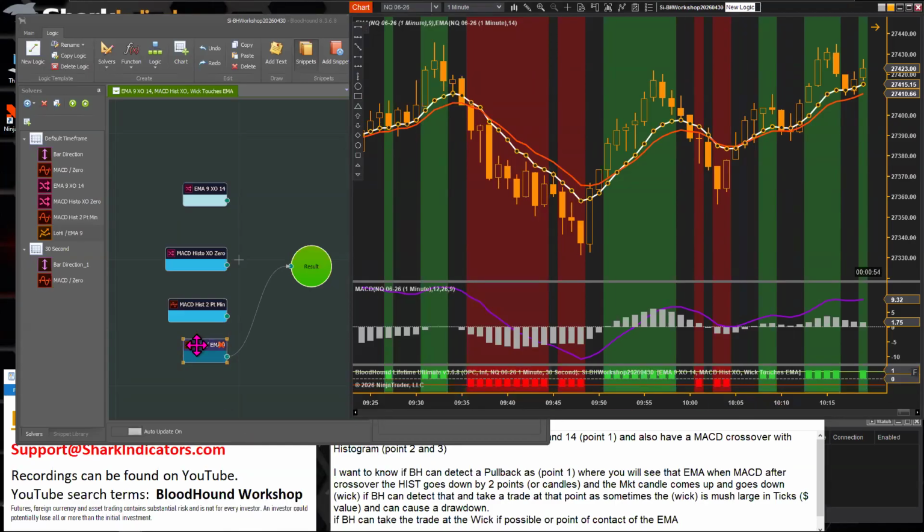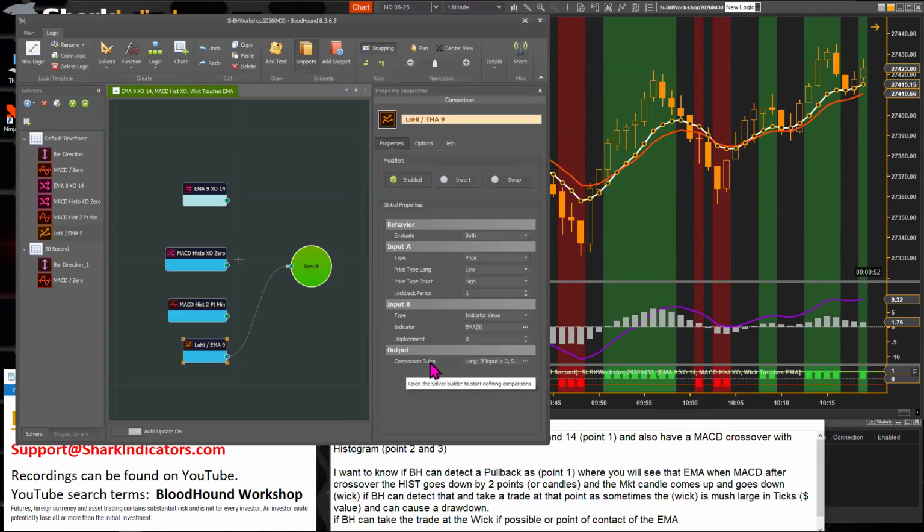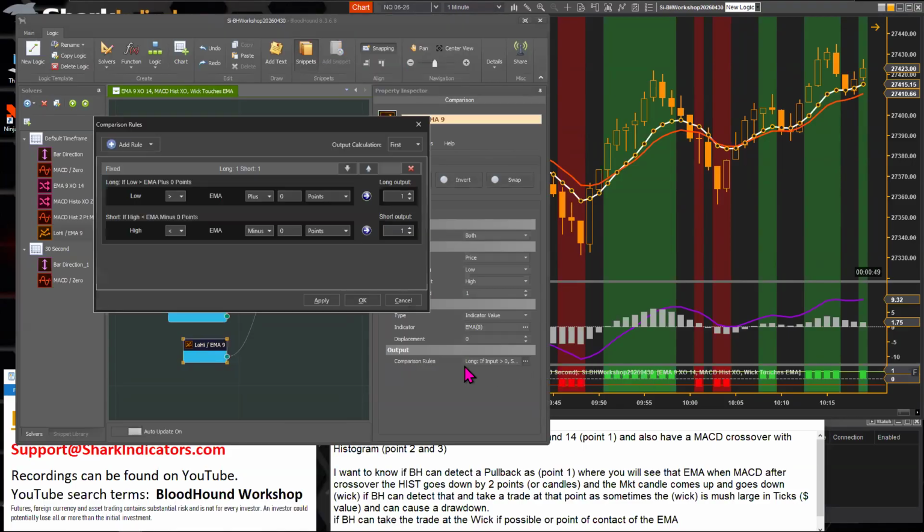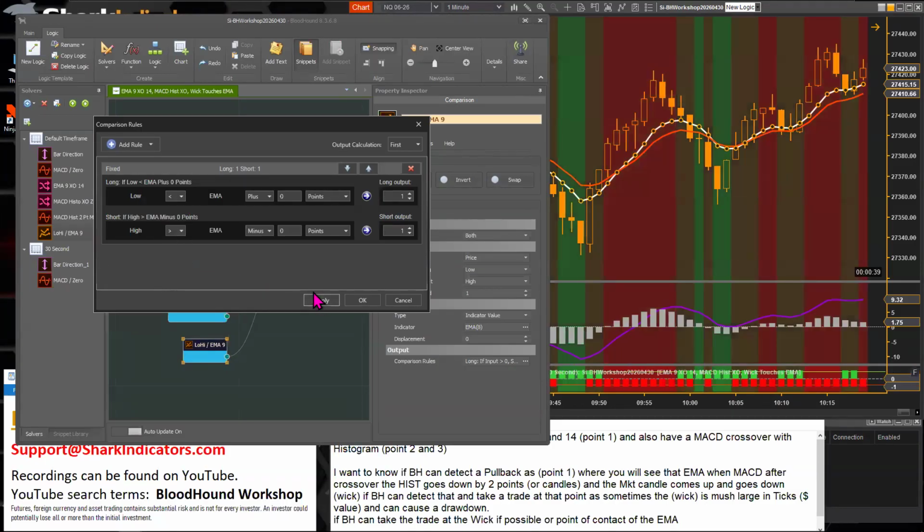So what we need to do is go into the comparison rules here and reverse these conditions. So if we reverse them, like so, hit apply, there we go.